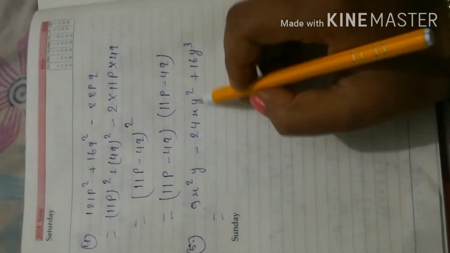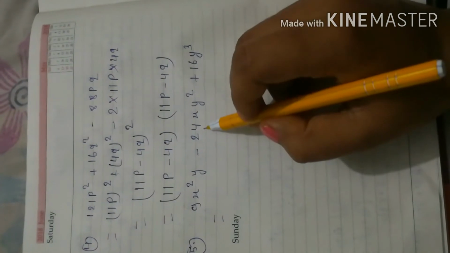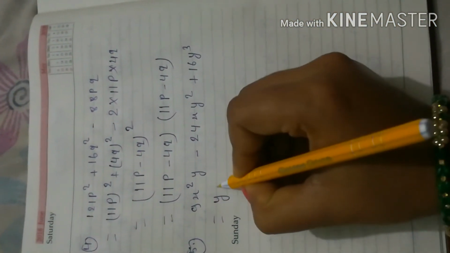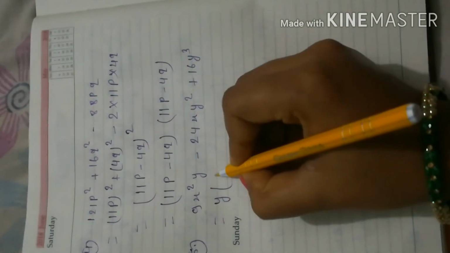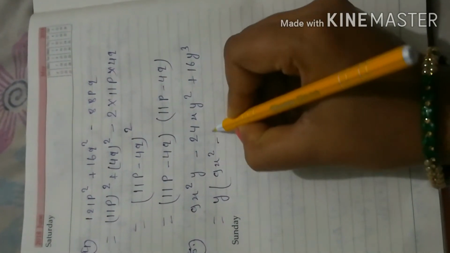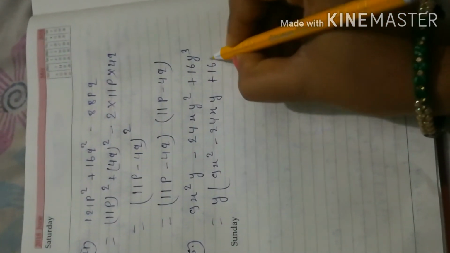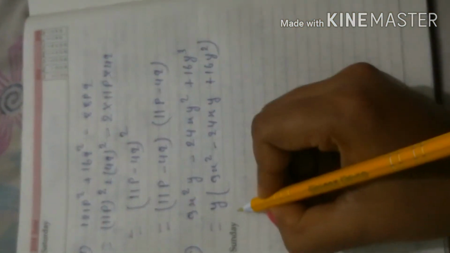From all the places you can see that y is extra, so at first we will take y as common. If we take y as common, then we can write 9x square minus 24xy plus 16y square.